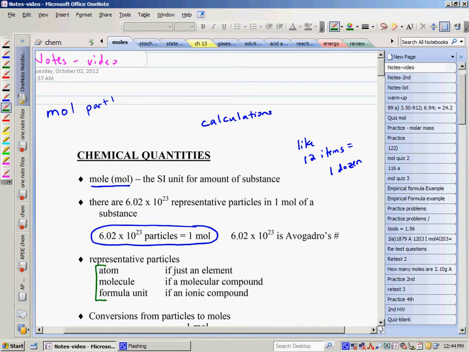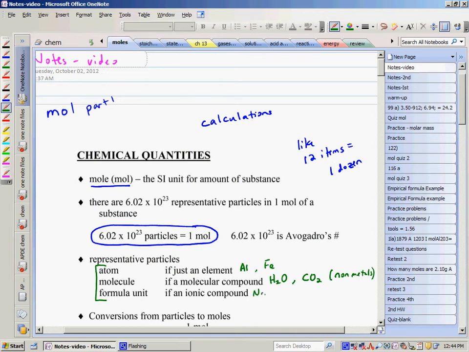If it was a molecular compound, like H2O, CO2, any compound with only nonmetals is a molecule. And ionic compounds are formula units. So, NaCl would be a formula unit. CuSO4 would be a formula unit. Remember how to recognize ionic compounds.